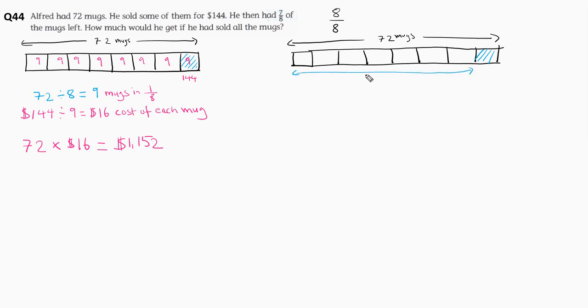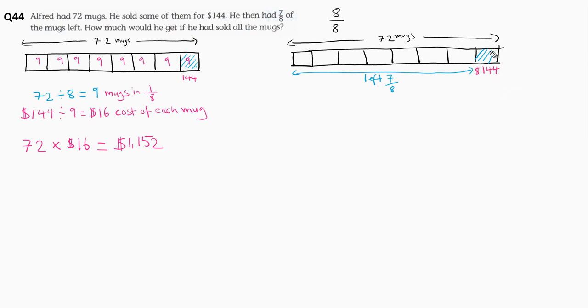This is what was left. That's the 7/8. So this is the 1/8 that was sold, and that sold for, it gives us a price. It sold for, all of these mugs, he got $144.